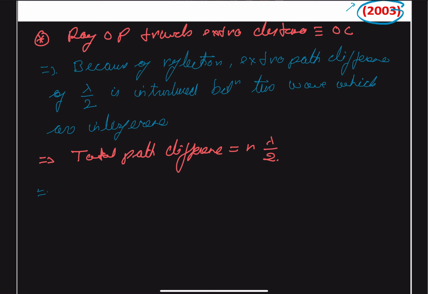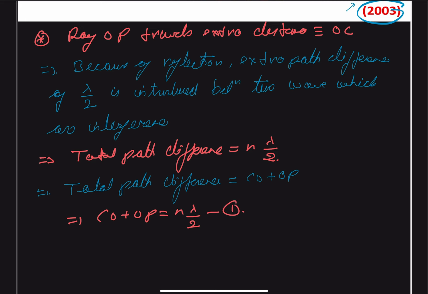We can say that the total path difference is also equal to CO plus OP, and these two must be the same. So therefore we can say that CO plus OP should be equal to n lambda by 2. Let us call this equation number 1.